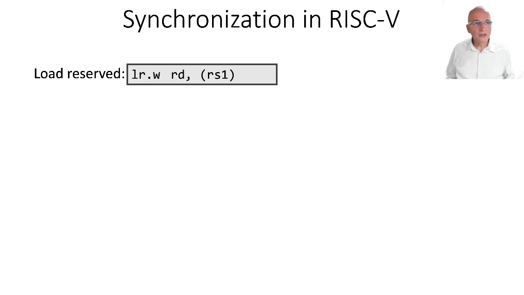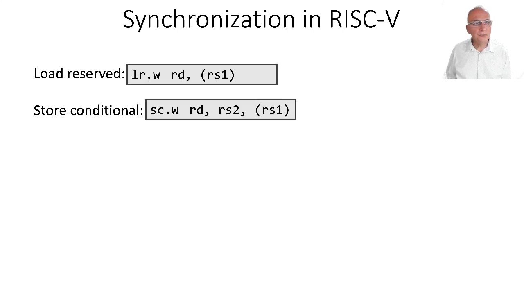W is for word, so it is a load reserved word. It has an address and a destination register. And then it has a store conditional. The store conditional also has a memory address, and it has two source registers and one destination register.